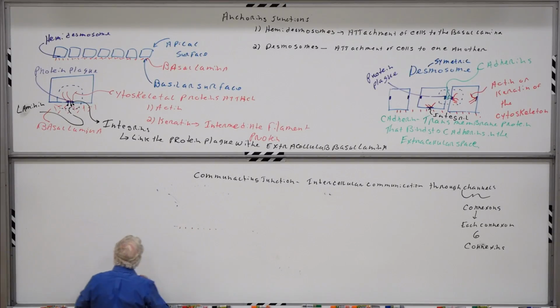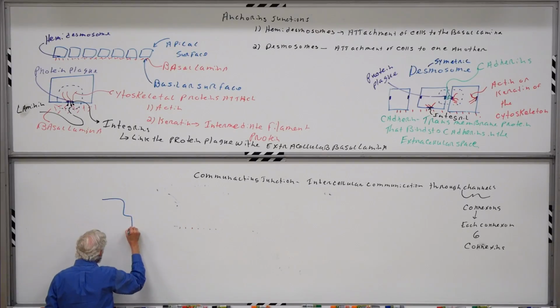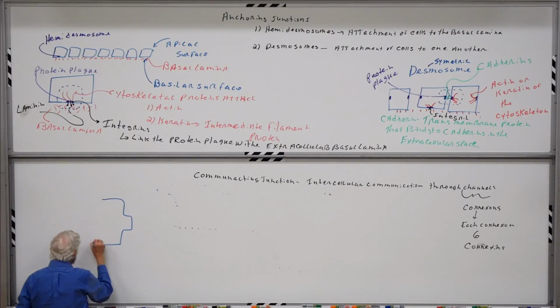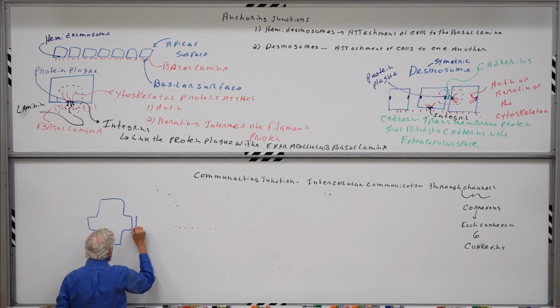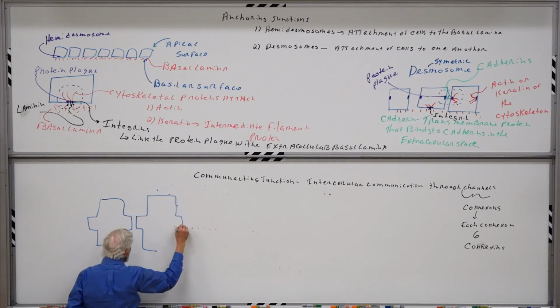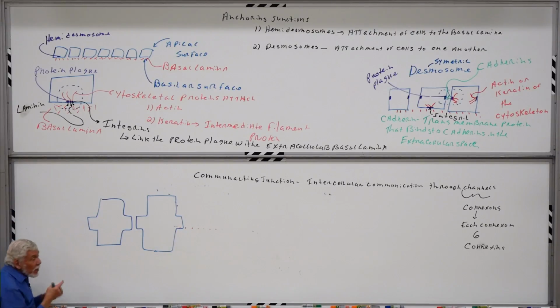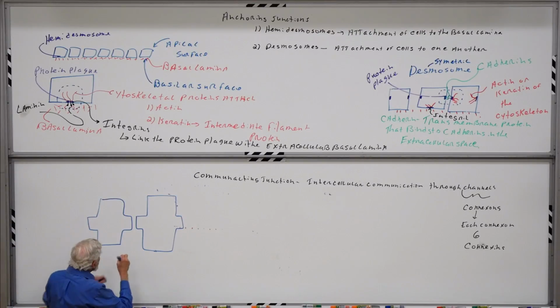So again, here are these two neighboring cells. And there are sites where these cells come very close together, but they don't come as close together as in a tight junction.